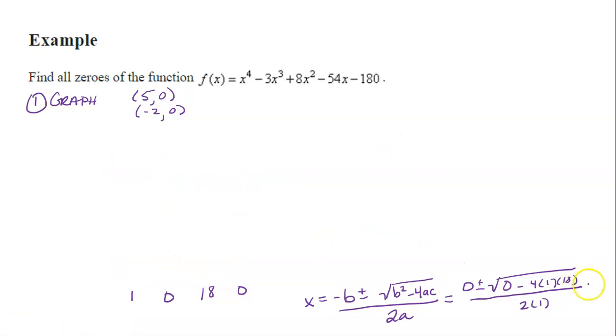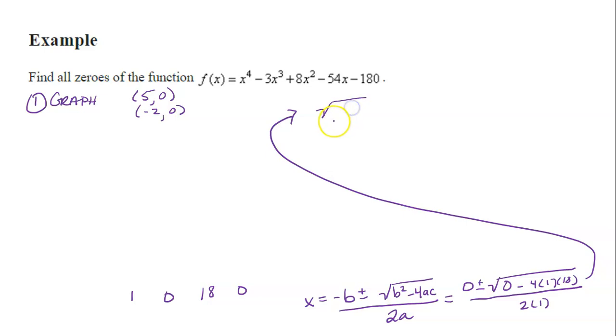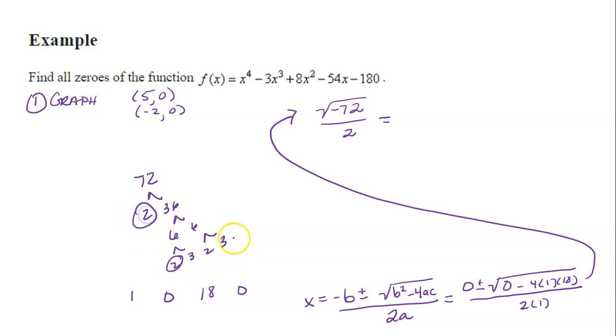Okay, let's bring this up here. So we have the square root of negative 72 over 2, which is going to give us, if I prime factor this, 2, 36, 6, 6, 2, 3, 2, 3. If I have 2 in the house, I can take it out.